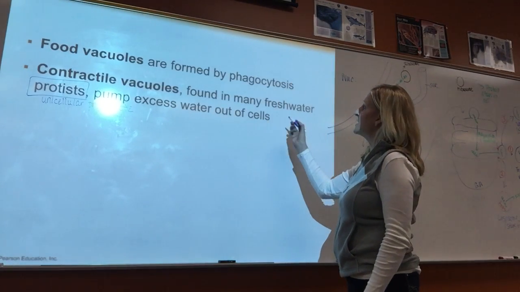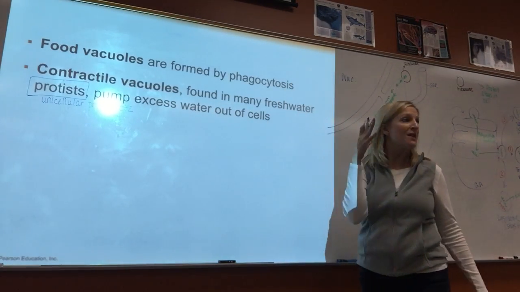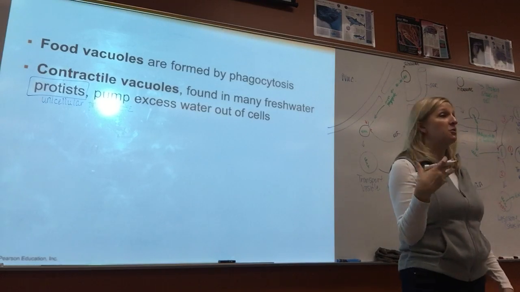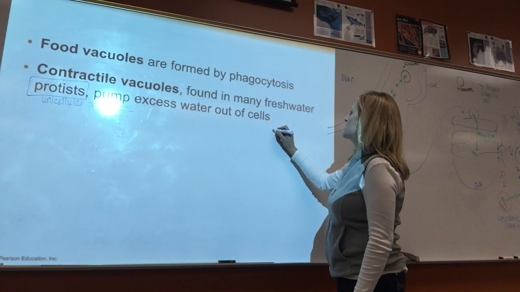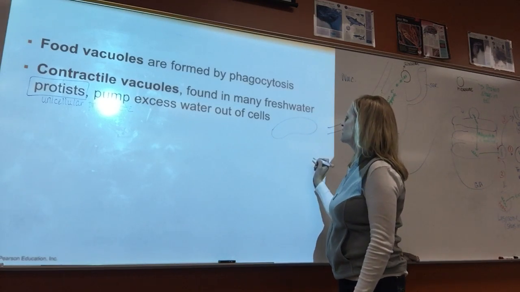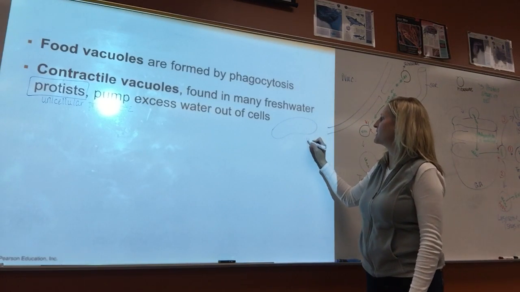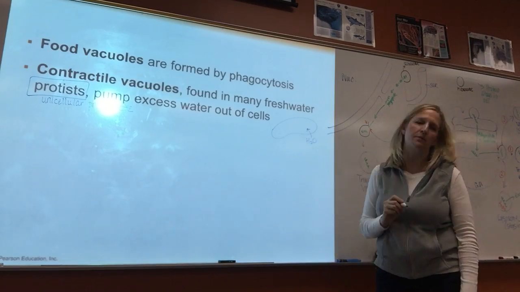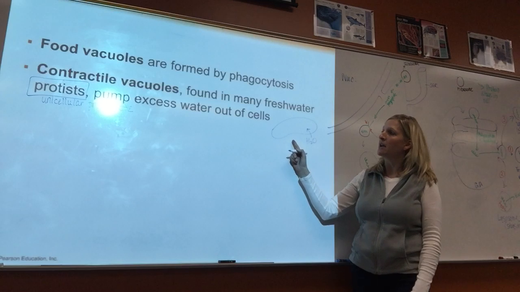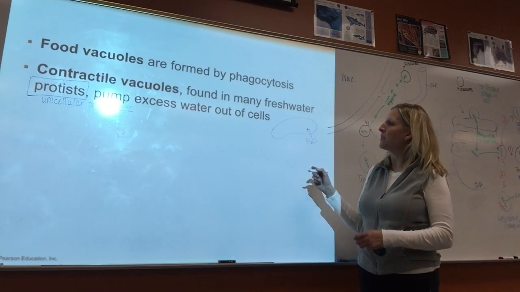So what happens is these guys are found in fresh water. So when you go swimming in a lake, you're swimming with protists usually, all right? So they're unicellular organisms. Let me explain here. The paramecium kind of has a shape like this. So it lives in fresh water, and what happens is the water will diffuse inside the paramecium.